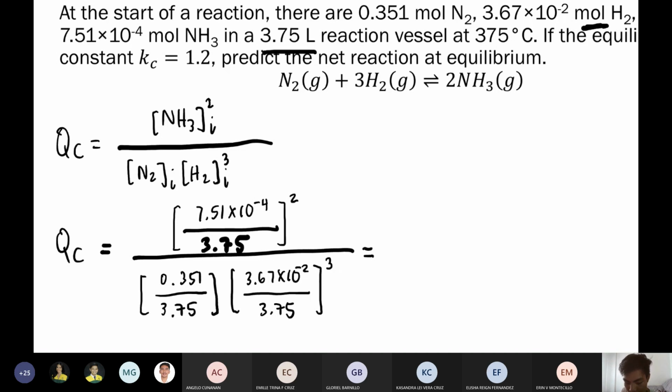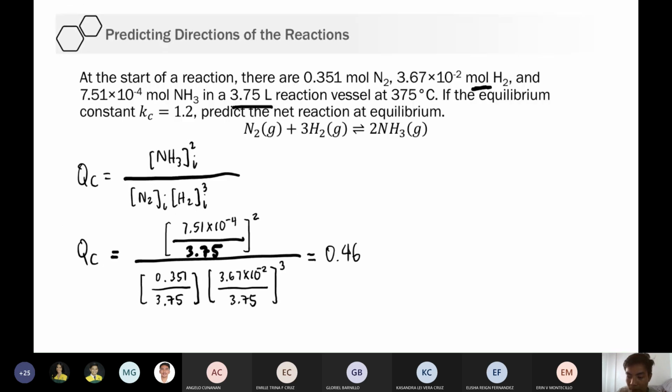Pakipindot na lang sa calcu. Okay, so Qc is equal to, in two decimal places, 0.46 now. So that is the value of Qc.